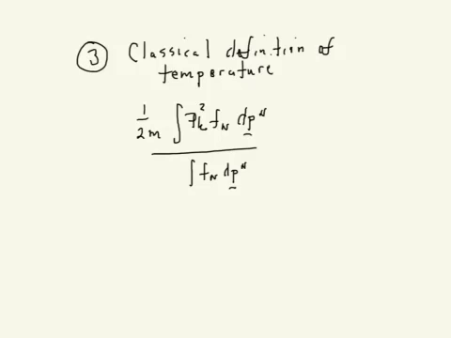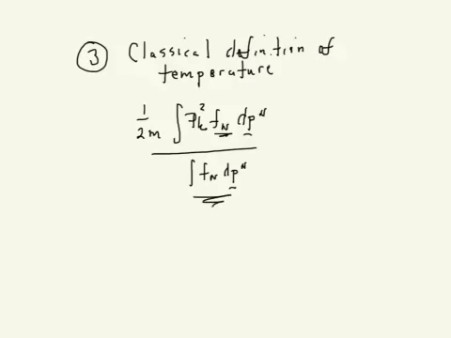Now the third condition on Fn is associated with the classical definition of temperature in the system. So now we're going to look at the average kinetic energy in the system. The average kinetic energy of any molecule would be taken as pk squared over 2m, which is the kinetic energy itself, and then averaged over F sub n. And again, we need to normalize this.